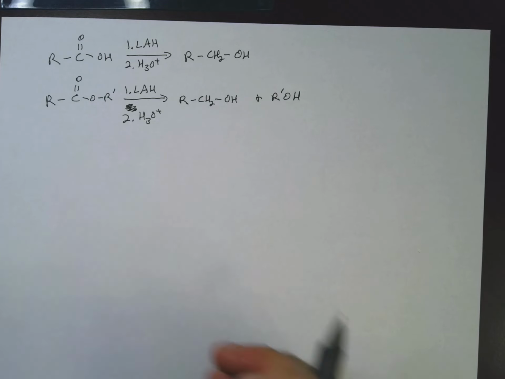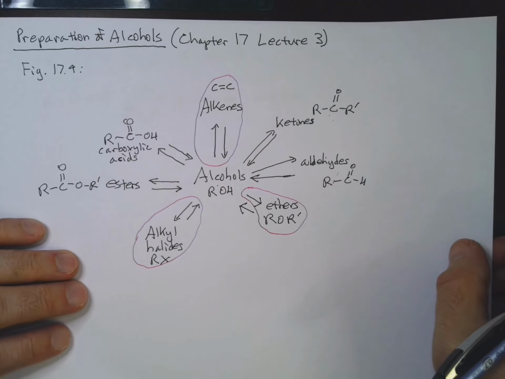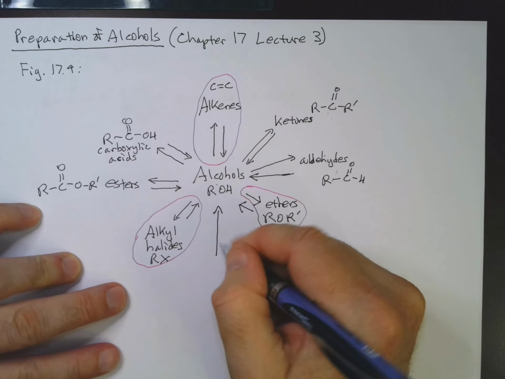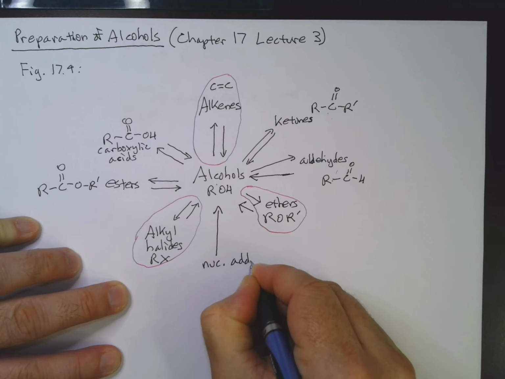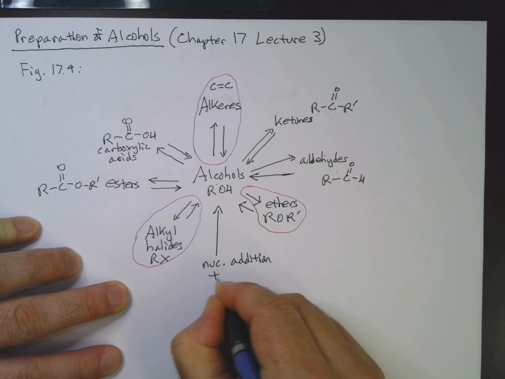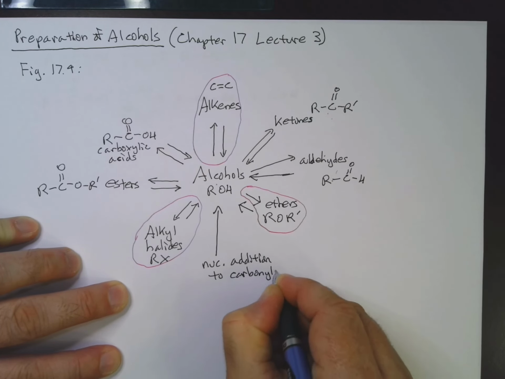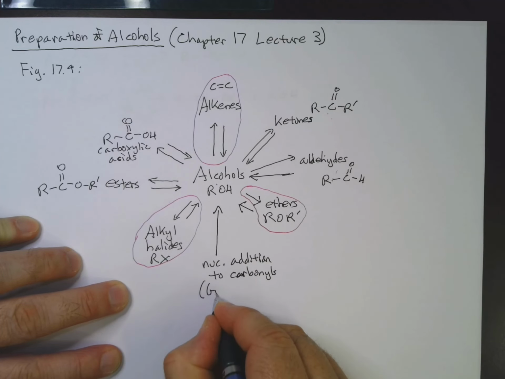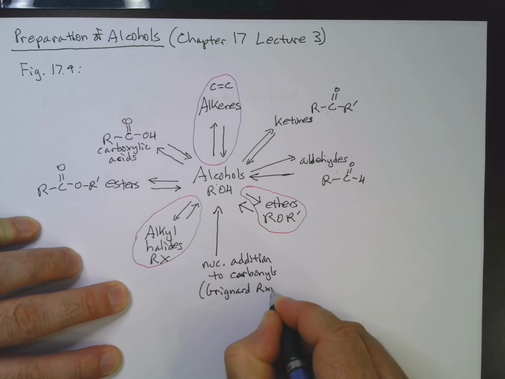Now, one thing that's missing from here is that we can make alcohols from nucleophilic addition to carbonyls. And that is our Grignard reaction.